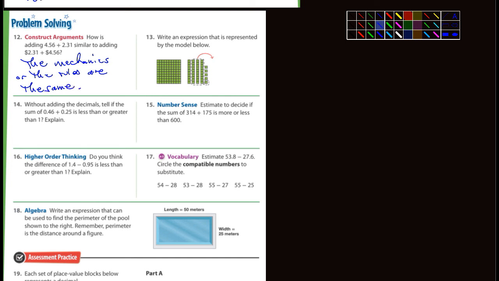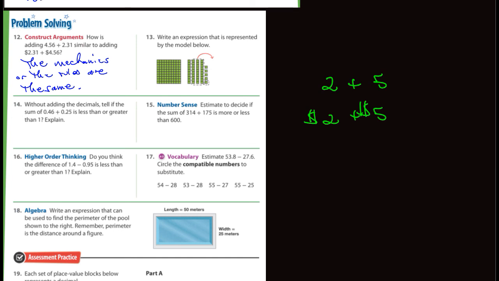So in other words, if I was to ask you, how is adding 2 plus 5 the same as adding $2 plus $5? Okay, it's no different, except that obviously you're going to put a dollar sign.